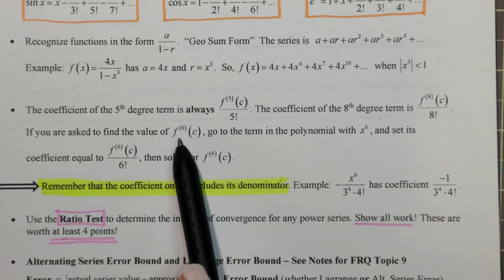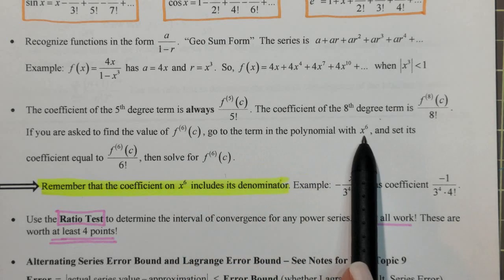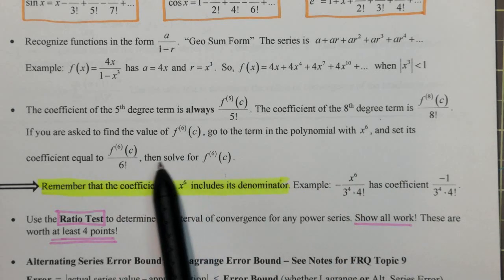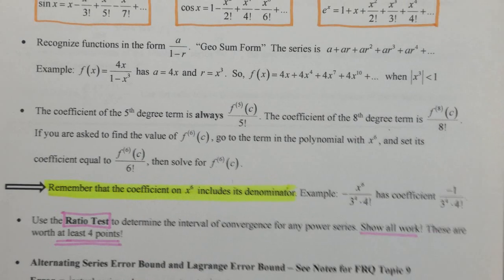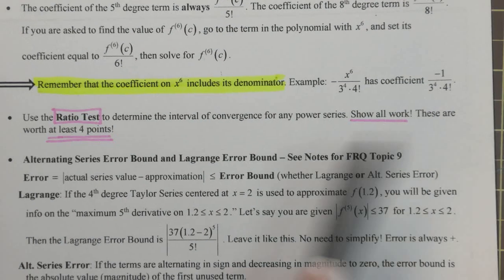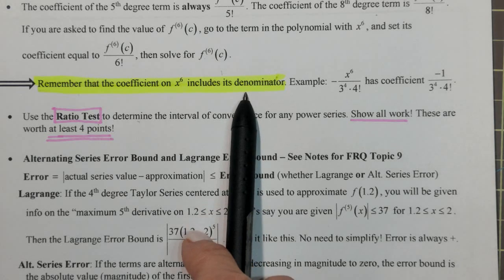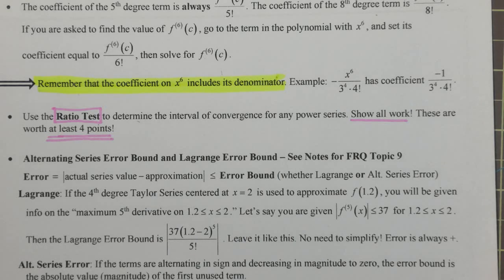So if you're asked to find the value of the derivative, go to the term with x to the 6th in it and set its coefficient equal to this, and then solve for the derivative. Remember that the coefficient includes the denominator. That sounds silly to have to say, but it is true, and some students just don't include the denominator in there. But it is part of the coefficient.